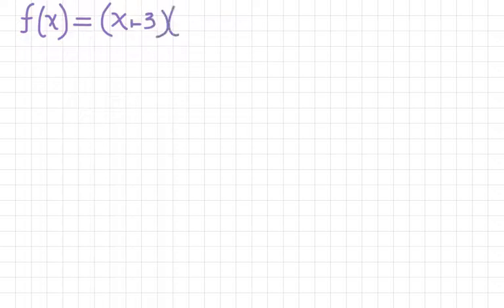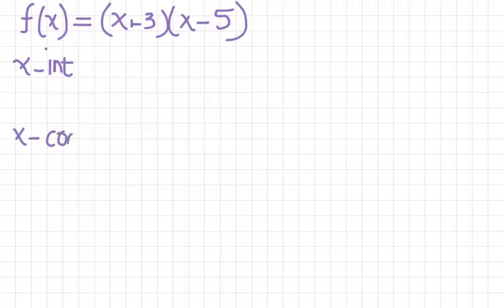So if I have f of x, so jot this down, f of x is equal to x plus 3 times x minus 5. And what we need to know is, can I figure out what the x-intercepts are without graphing? And can I get the x-coordinate of the vertex?